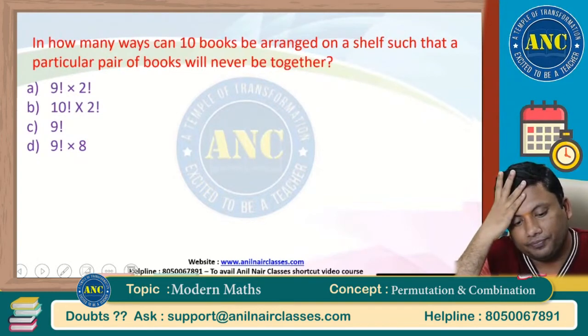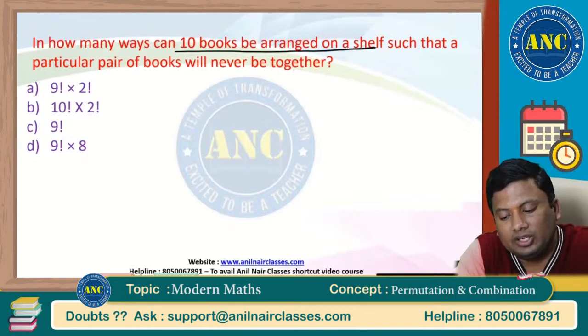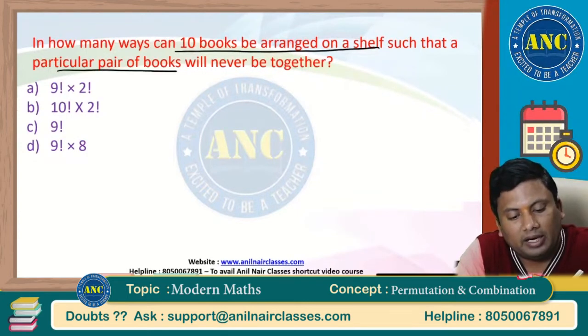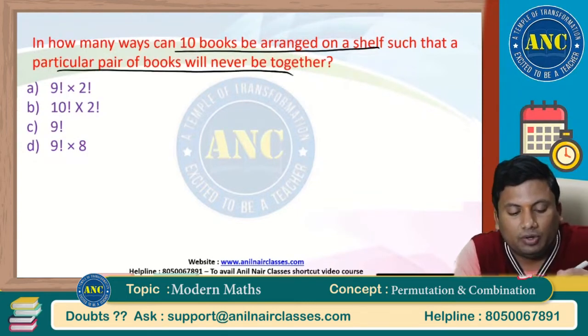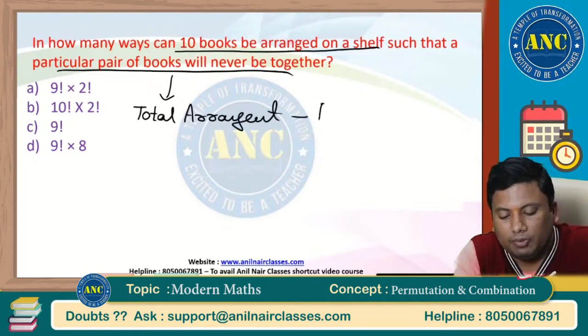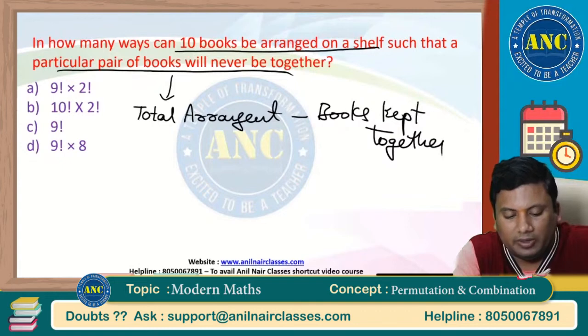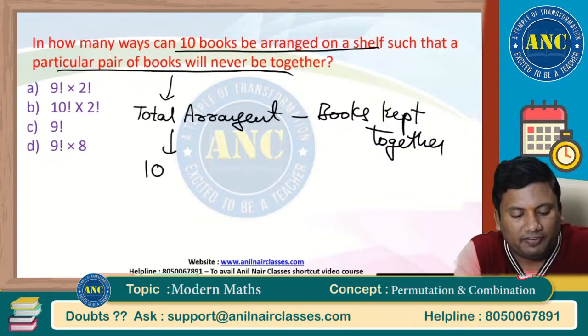Next one. In how many ways can 10 books be arranged on a shelf such that a particular pair of books will never be together? It is nothing but total arrangement minus books kept together. Total arrangement is 10 factorial.